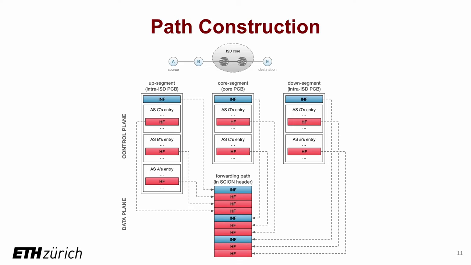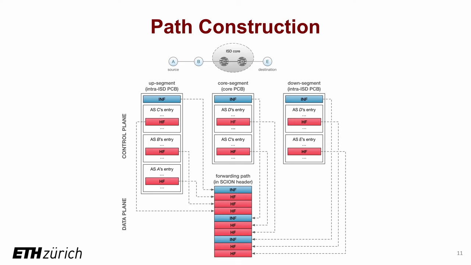We can see that the up segment also contains three hop fields for ASs A, B, and C, which include interface identifiers to exactly identify how the packet should traverse autonomous systems. These information fields and hop fields are combined to form the actual forwarding path, which will be placed in the SCION header.